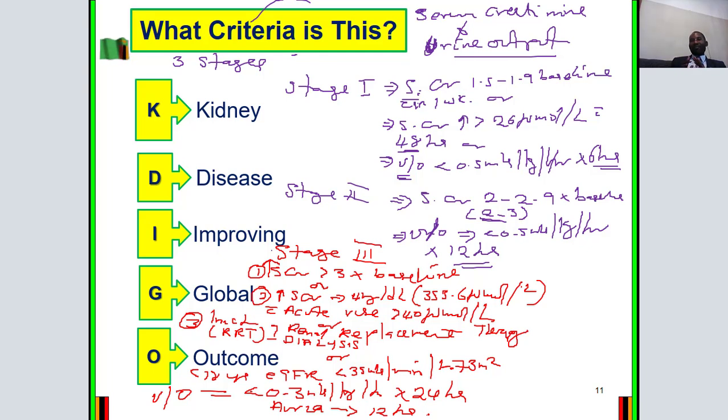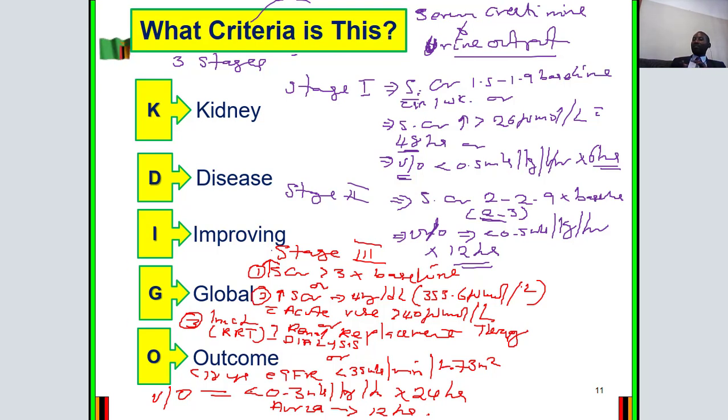Hope now you have gotten a very good concept and you were following. So stage 3, what did we say? Stage 3, we are saying that there is increase of serum creatinine more than 3 times from the baseline. Or the serum creatinine increases to equal or more than 4 milligram per deciliter.